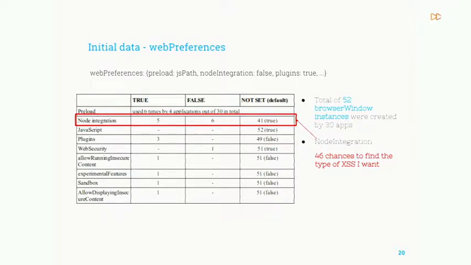In 5 cases, it was turned on, which was already the default value, so it wouldn't change anything. And in 6 cases, developers went ahead and turned it off because maybe they didn't need it. So this basically gave me 46 good chances to go and hunt for cross-site scripting vulnerabilities, which, as soon as I found them, would be turned into code execution.